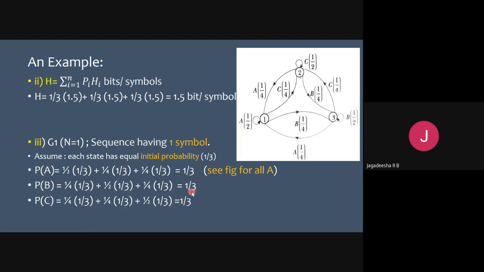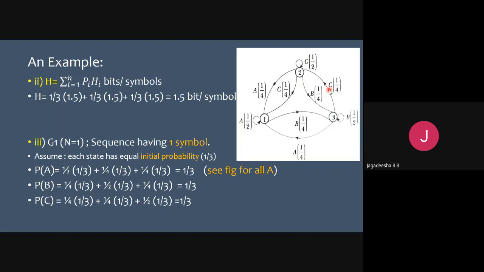Similarly, is there any chance of generating C? Then what are the different choices? I think you can do it by yourself. Probability of C, these are the different choices we have got. From state 1, it can generate C, or from state 2, it can generate C here, or from state 3, it can generate C here.